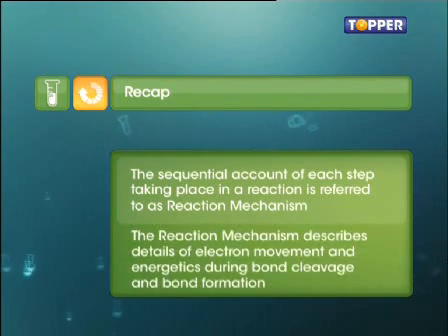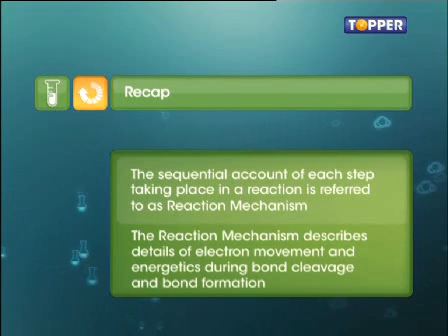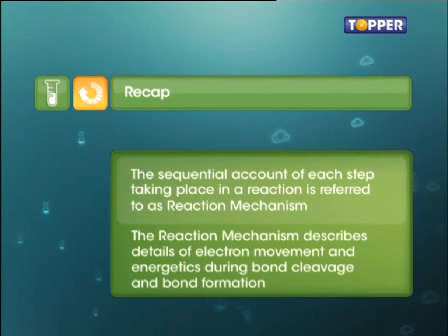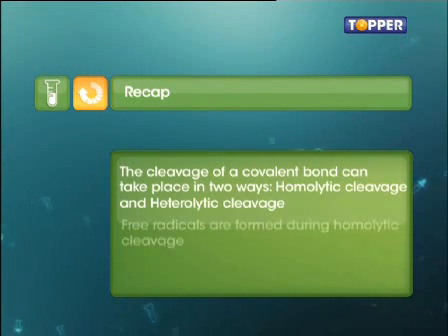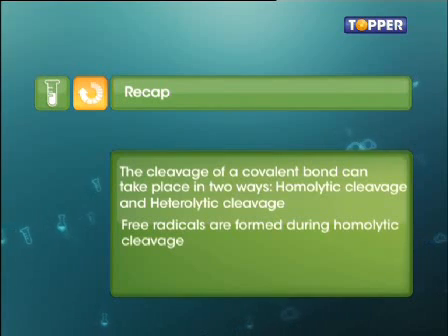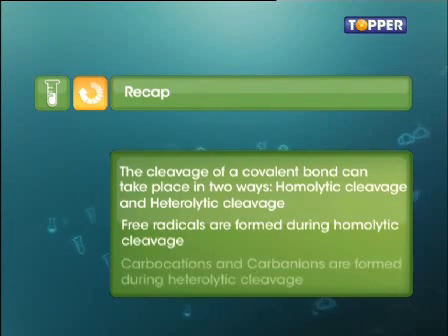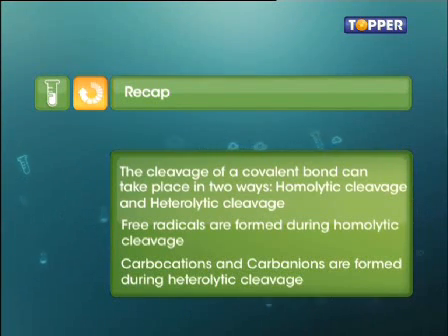The reaction mechanism describes details of electron movement and energetics during bond cleavage and bond formation. A covalent bond can get cleaved by either homolytic cleavage or heterolytic cleavage. Free radicals are formed during homolytic cleavage and carbocations and carbanions are formed during heterolytic cleavage.